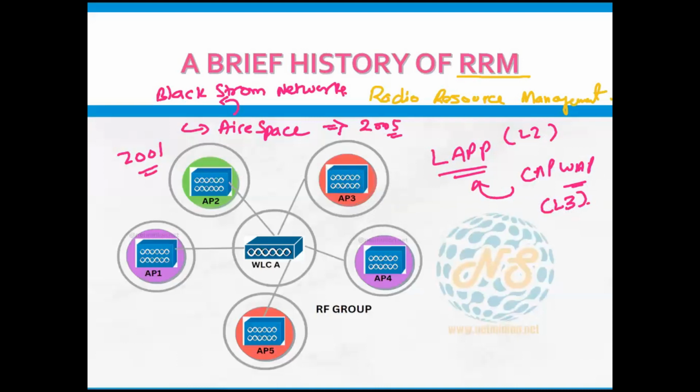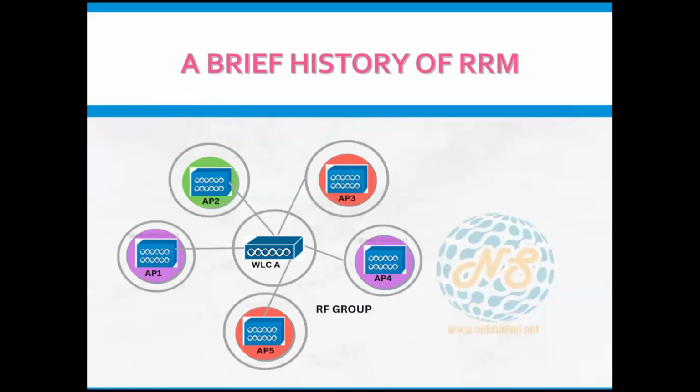Now, if you ask what is radio resource management, or RRM, I will say it is a very crucial feature of your wireless LAN controller, or WLC, which plays a vital role in optimizing the performance and efficiency of your wireless network.